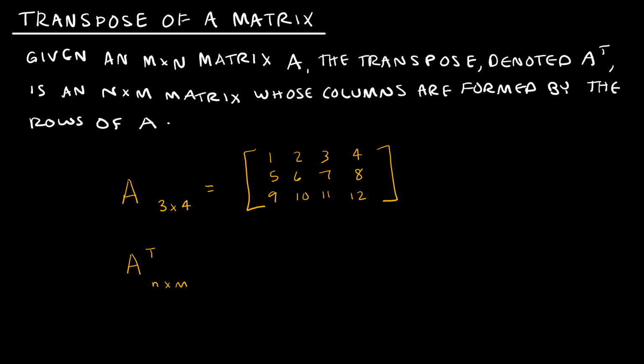The transpose of A is going to be a 4 by 3 matrix, and I'm going to take my first row, 1, 2, 3, 4, and make that my first column, 1, 2, 3, 4. My second row, 5, 6, 7, 8, now becomes my second column, 5, 6, 7, 8, and my third row becomes my third column. So that is what a transpose is.